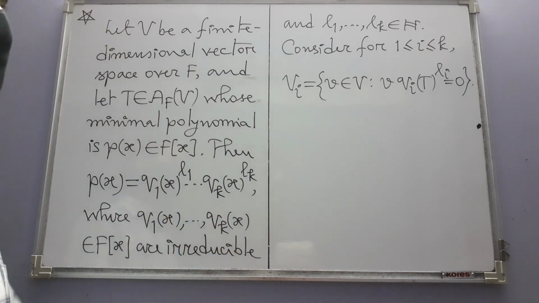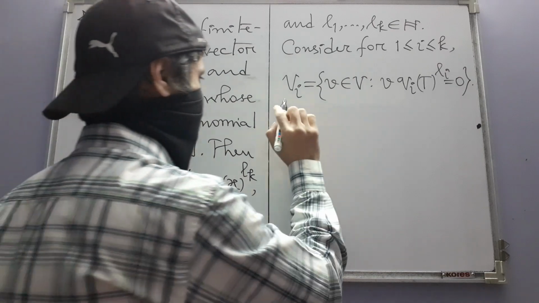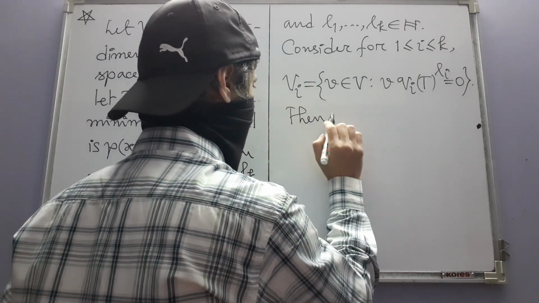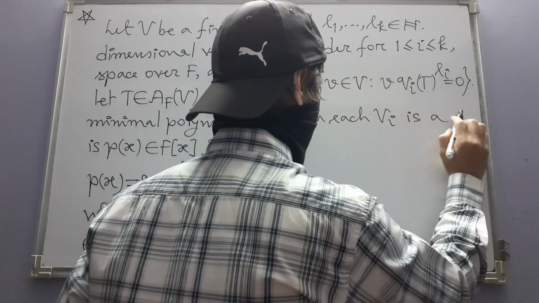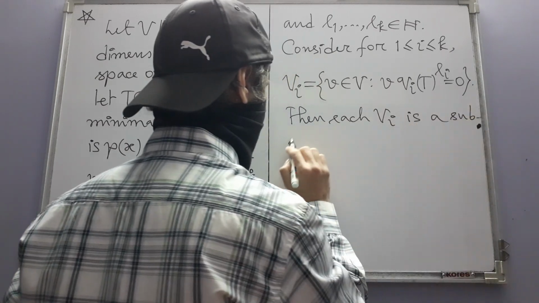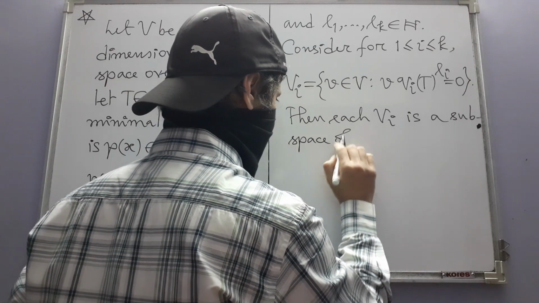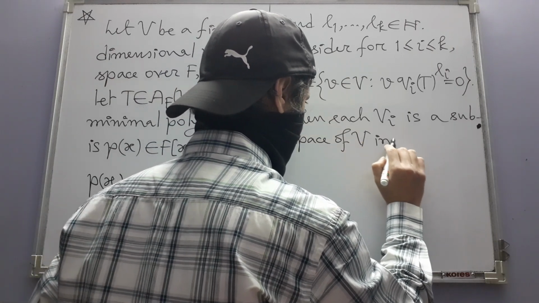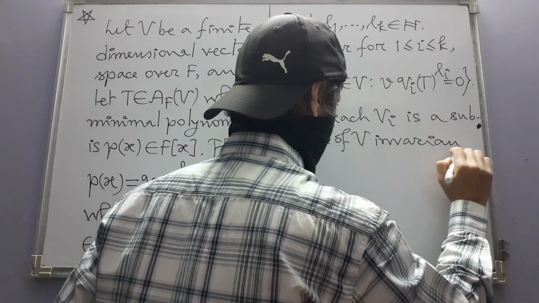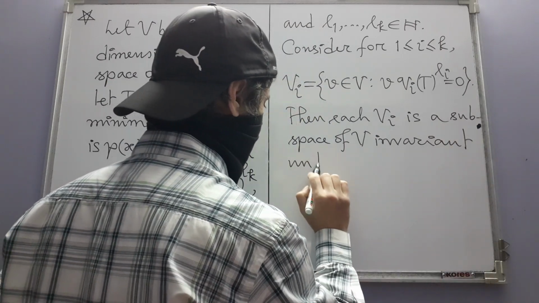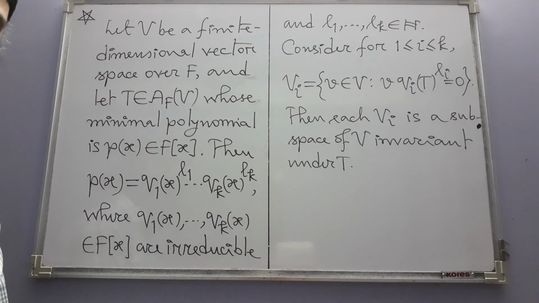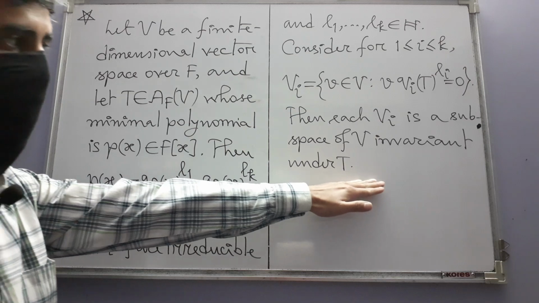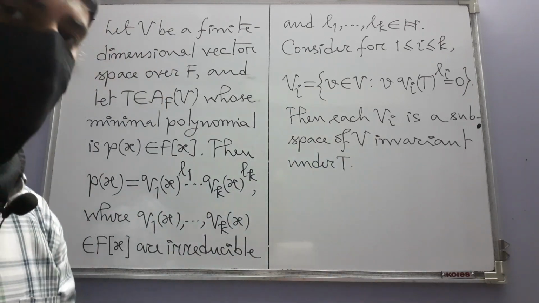What did we uncover about these subsets V_i? Each V_i is a subspace of V invariant under T. This is what we first discovered about these subsets V_i, and that led us to have some operators on V_i themselves.